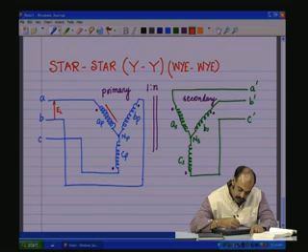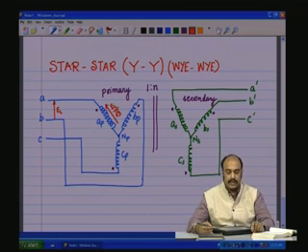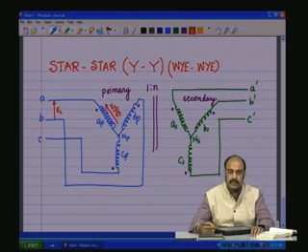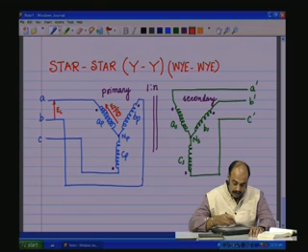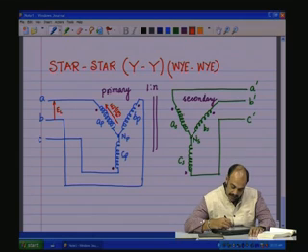Let me take just one phase voltage, the A phase voltage, that would be EL by root 3, because the phase voltage is equal to line voltage by root 3, and this gets induced into the secondary A phase coil, and that is, by turns ratio, n EL by root 3.